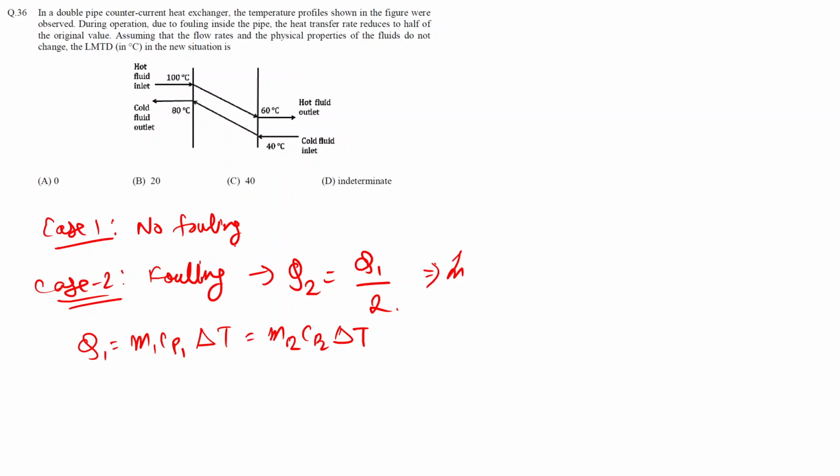So for case 1 we had considered the no fouling case, and for case 2 we are considering the fouling case in which we were given Q2 equal to half of Q1.